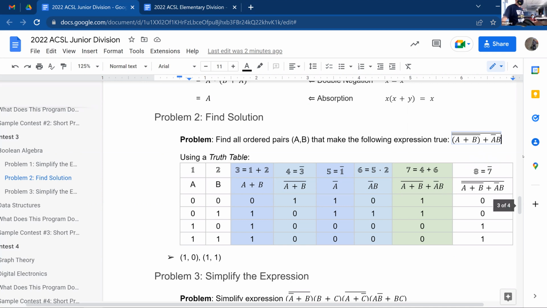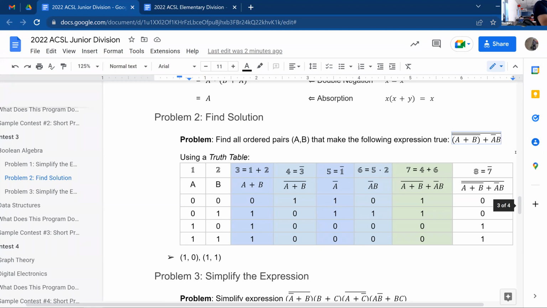And then we have this A or B, in parentheses, or not A and B, which is this part, right? So that's column 4 or column 6. Again, you look at these two columns.